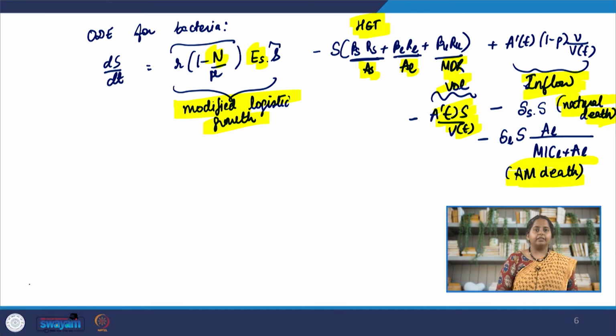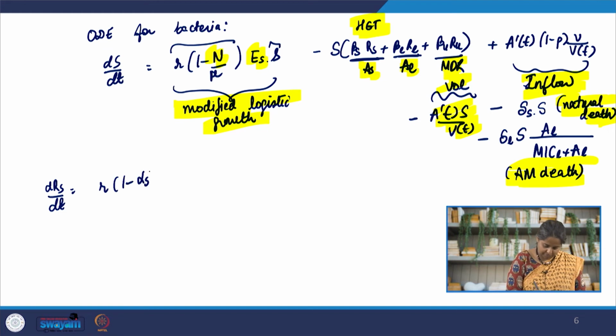Now let's look at the rate at which the concentration of resistant bacteria will change with time. Let's start with dRs by dt, which is the bacteria that is resistant to bacteriostatic antimicrobial but is still sensitive to bacteriolytic antimicrobial. Okay. Very similar, again we'll have a Hill modification in the growth rate. So this is modified logistic growth.